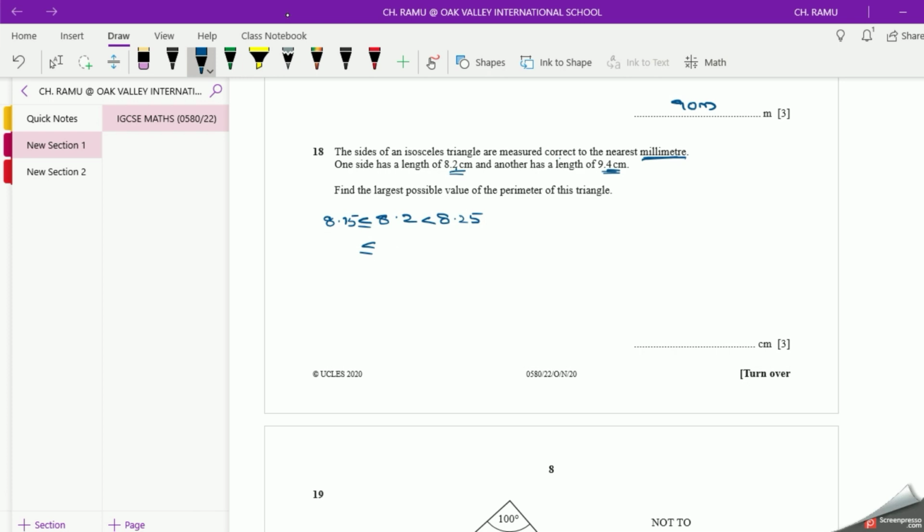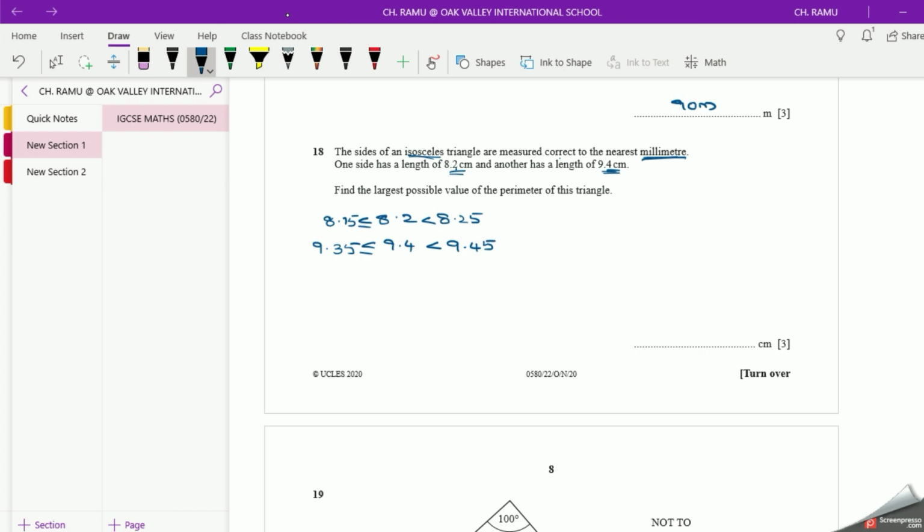Now we will go for the next one. What are the boundaries of 9.4? 9.35, 9.45. Now they asked, it is an isosceles triangle.